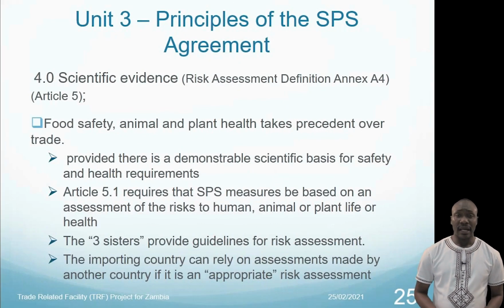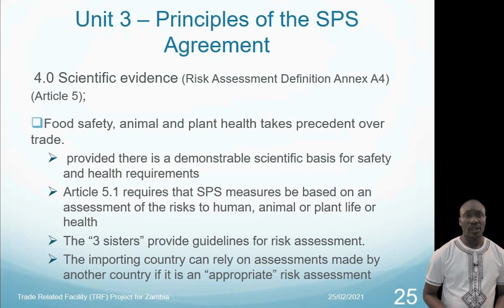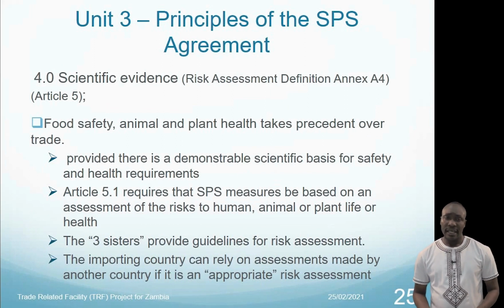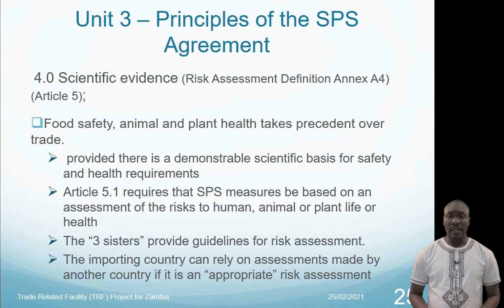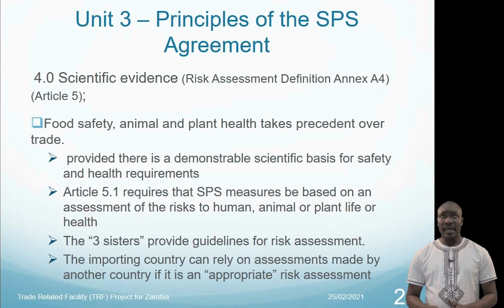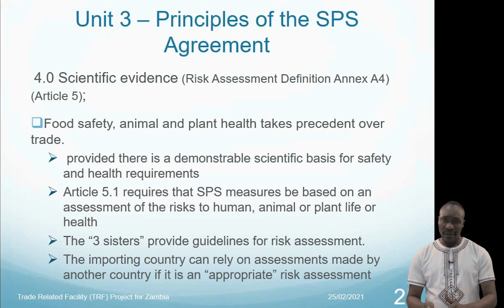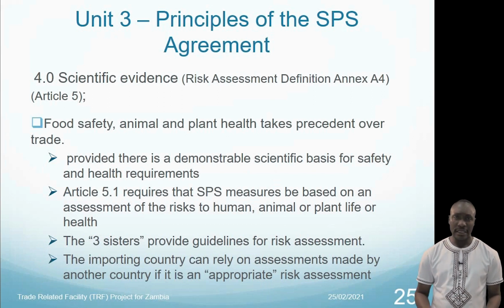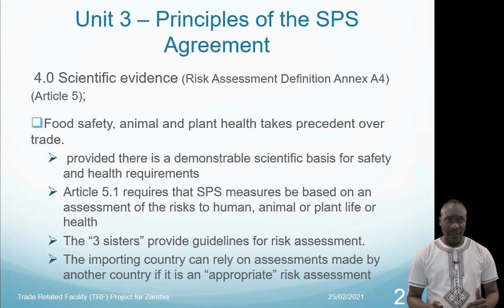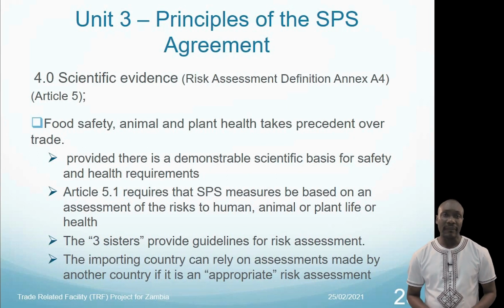Scientific evidence. In terms of food safety, animal and plant health, there is an underlying principle that these should take precedence over all trade. If there is a risk to animals, a risk to plants, and a risk to human consumers, that should be considered first before the trade can be sanctioned.